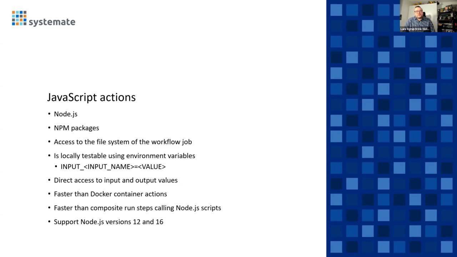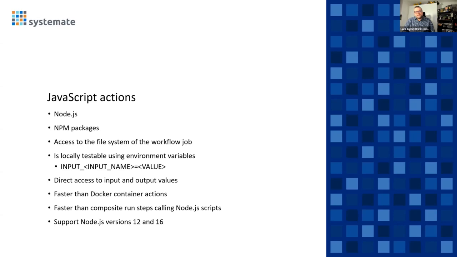We have direct access to input and output values using some NPM packages by GitHub Actions. It's faster to spin up than the Docker container actions because it runs directly in the workflow, the GitHub runner running in the job in the workflow.